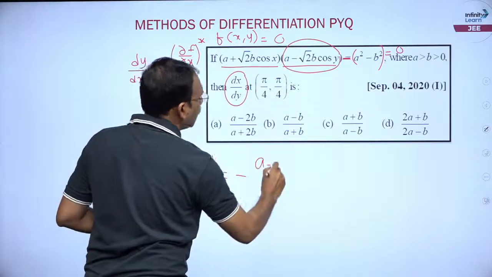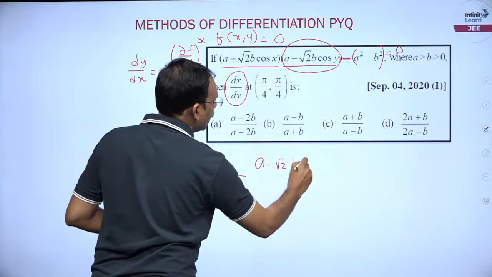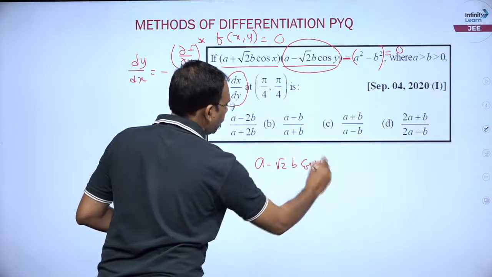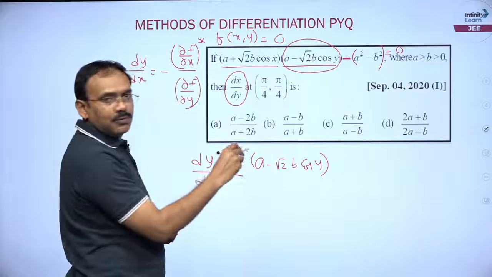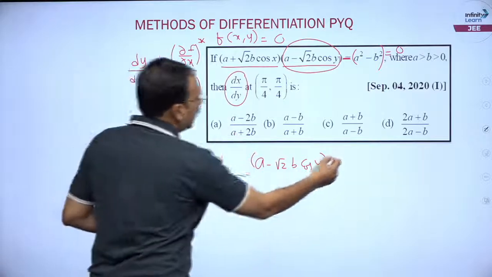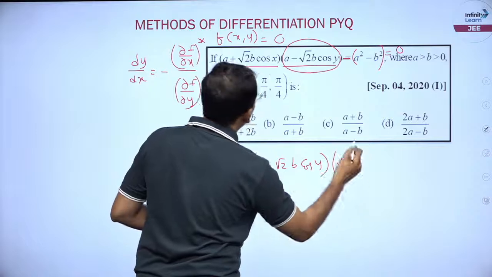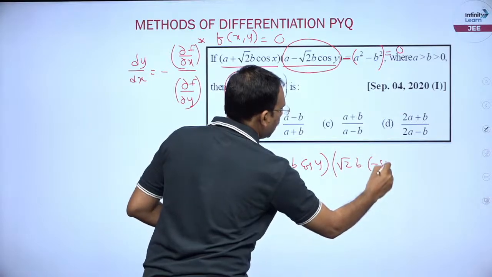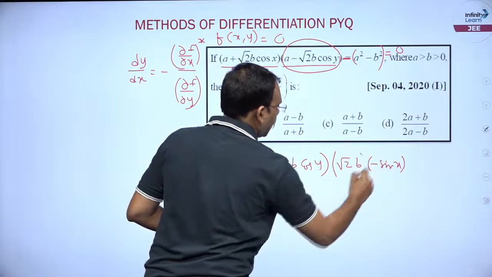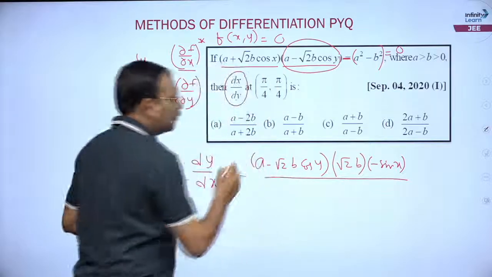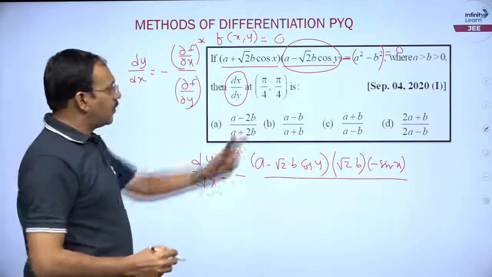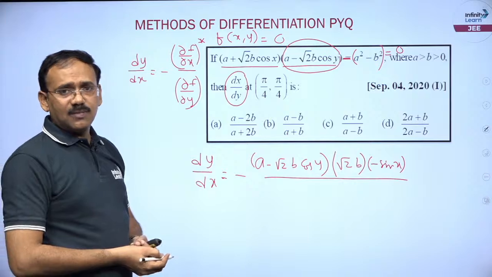Now, a minus root 2b cos y, into its derivative: the derivative of a is 0, and root 2b into cos x has derivative minus sin x, because the derivative of a square minus b square becomes 0.